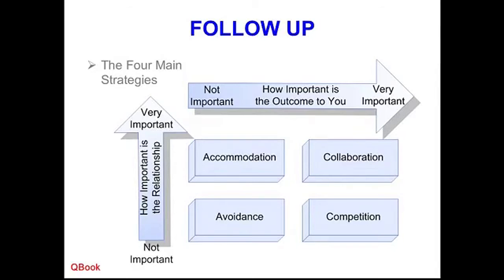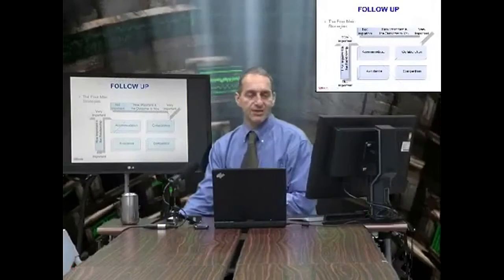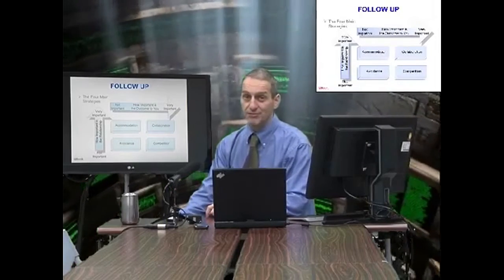How important is the relationship? How important is this outcome right now? Accommodation, competition, avoidance, collaboration. Okay, now, that seems pretty straightforward and pretty easy, I think. Not complicated. That's really a great insight.